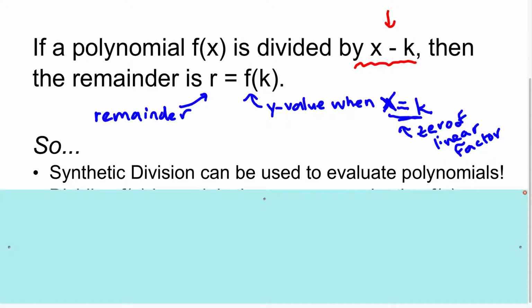If you think back to section 4.1, when you were graphing polynomials, you had to generate a table of values, like a list of ordered pairs. And you would use something I would call direct substitution, which I'm going to show you in a little bit. You would plug in x and work it all out and get a y. That works, but you could also now do synthetic.